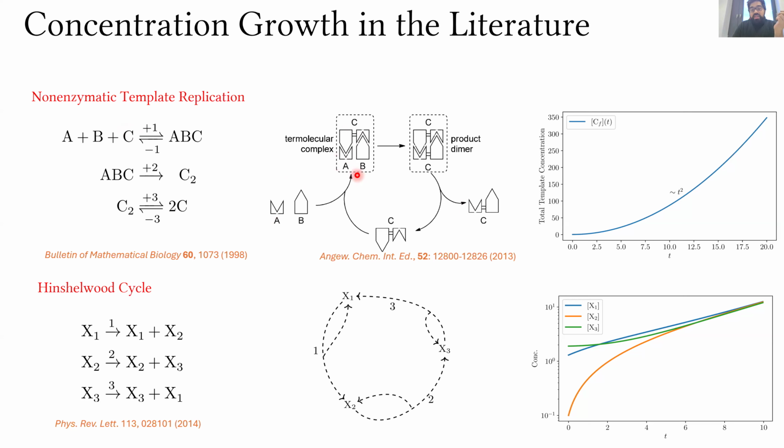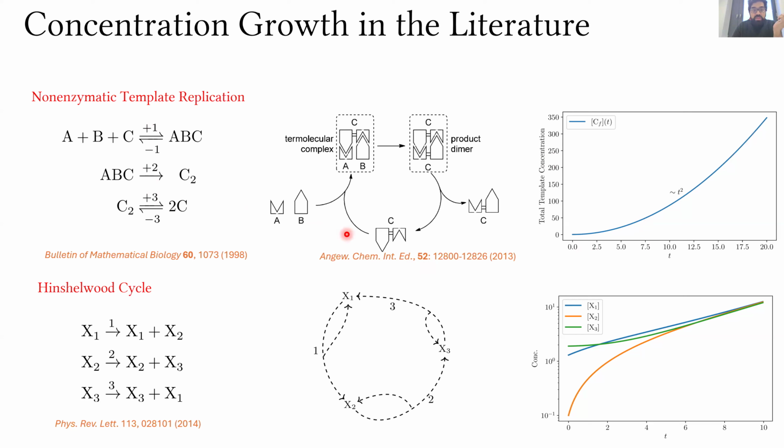You see the entire reaction network here: C binding to A and B, dimerizing, and then breaking into two molecules of C. For reasons which I won't go into here, it's interesting to ask how the concentration of C scales in time. This is not very hard: you can do an analysis with the ODEs, and you can see that it scales parabolically in time under a few assumptions.